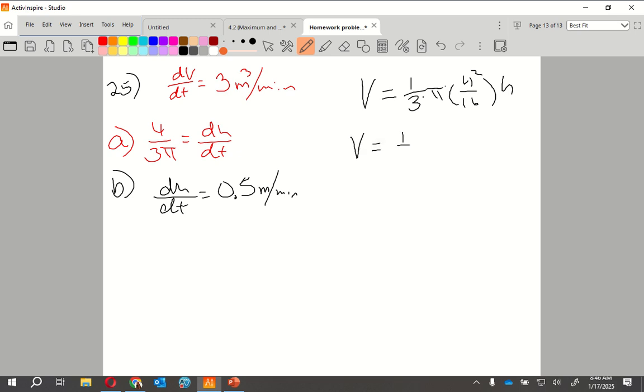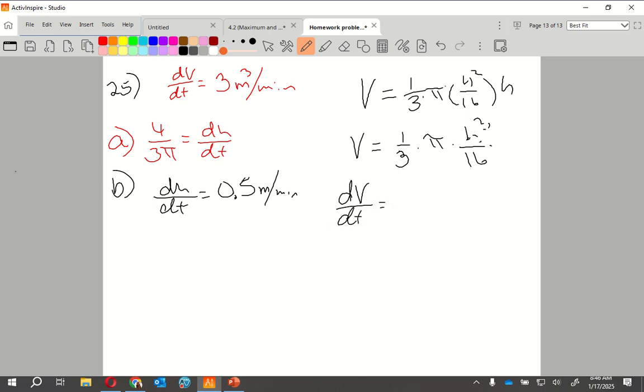So V equals 1/3 pi H cubed over 16. My board's not working. Come on. So when I do the math, I'm going to multiply and do the derivative. So I get dV/dt.